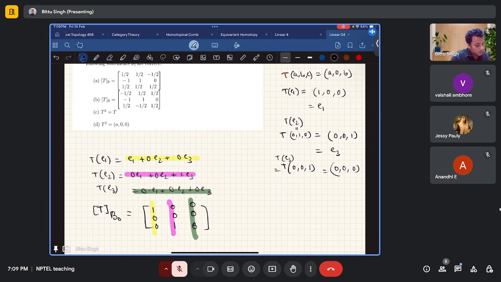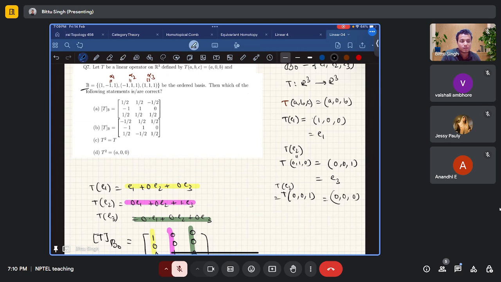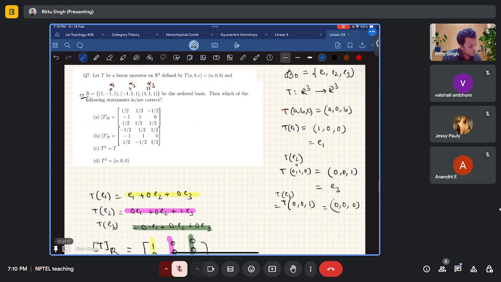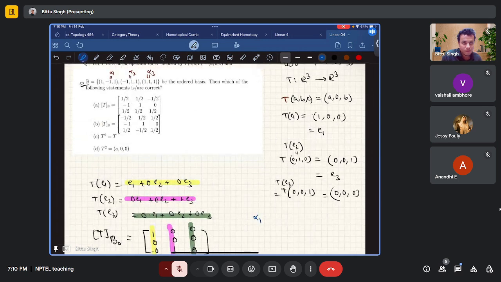Now we need to find the matrix representation with respect to the given basis. So again, what is the step to do those type of problem? We write B in terms of the standard basis, right? So here alpha 1, which is (1, minus 1, 1), you can write it as 1 times 1 0 0, minus 1 times 0 1 0, plus 1 times 0 0 1.